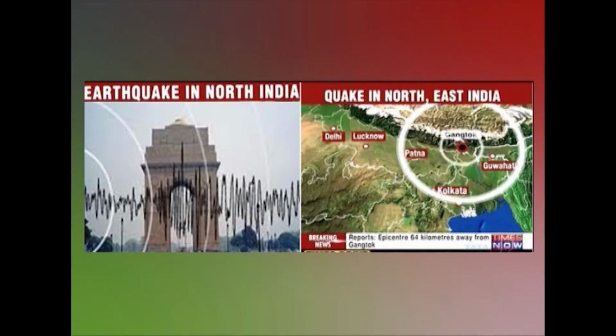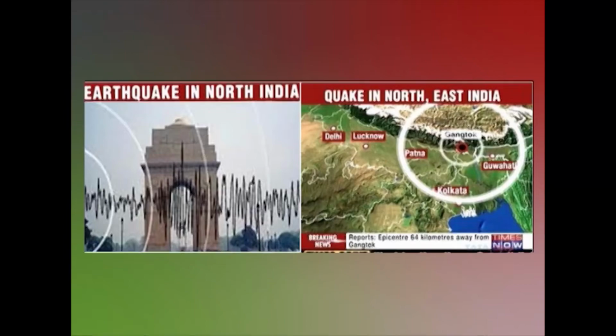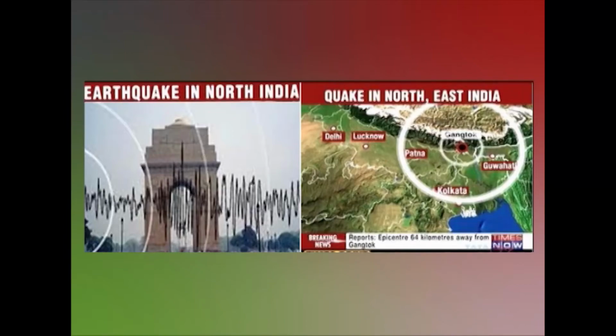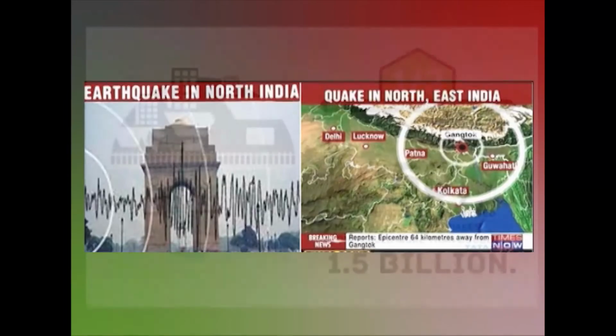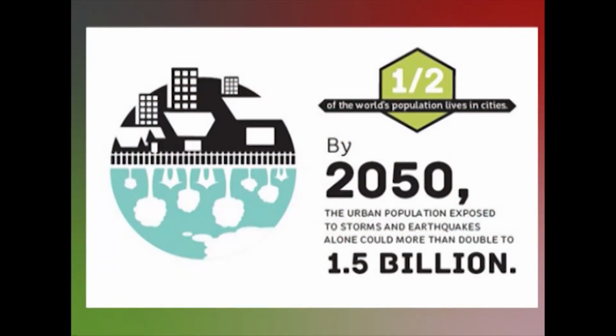Earthquakes in India. According to statistics, in more than 20 years, India has experienced more than 10 major earthquakes and nearly 20,000 deaths. And following calculations by the World Bank and the United Nations, they estimate 200 million residents will face storms and the worst earthquakes in 2050.